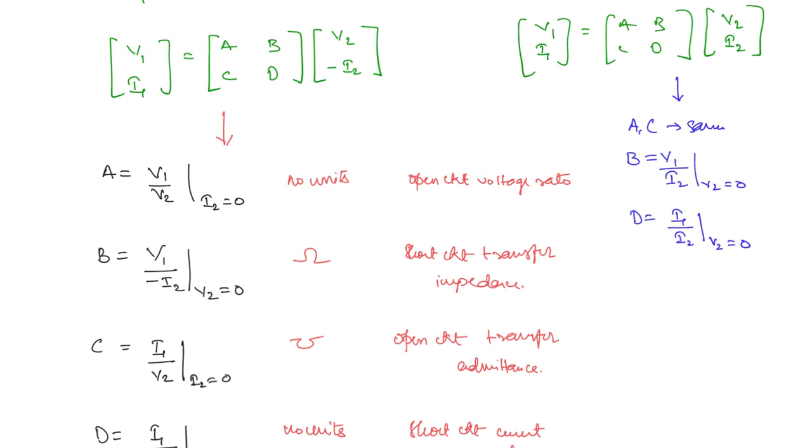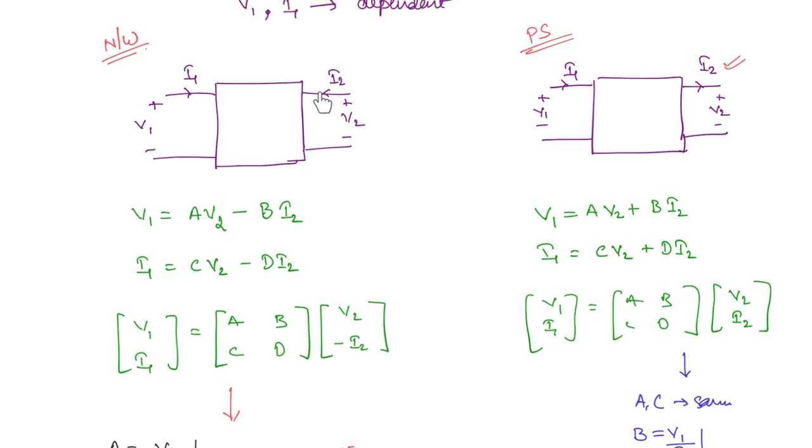Okay, so the minus sign is not here because the current direction we have taken is in the reverse direction. So whenever you are writing the current in this direction, then for the parameters, don't forget to include the negative. When current is going out, then the parameters should not have any negative sign.